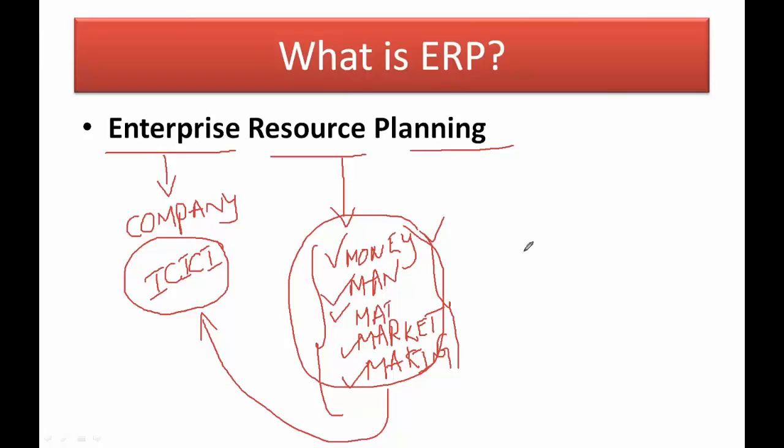That's a plan. How many credit cards do I have to sell in the first quarter? So these all fall under planning. If I want to execute my planning, I am utilizing the resources in an effective way. Then only I can start my company. That is called planning. This is called enterprise resource planning.